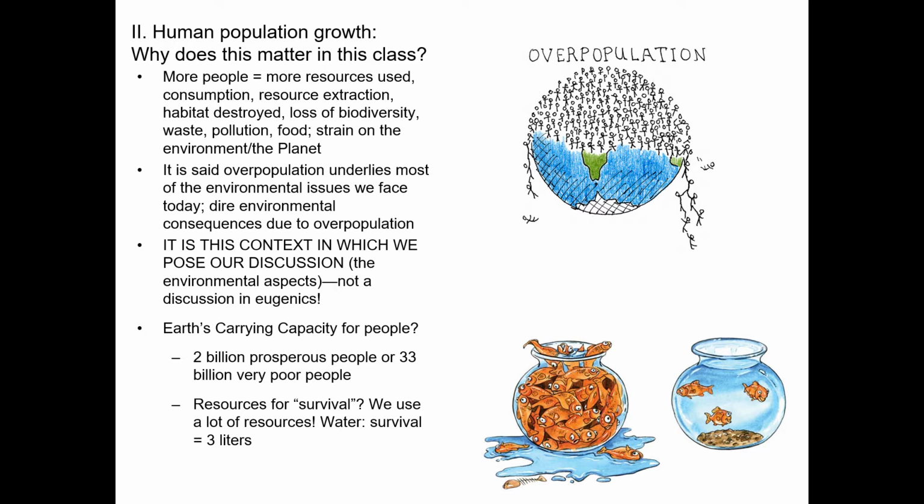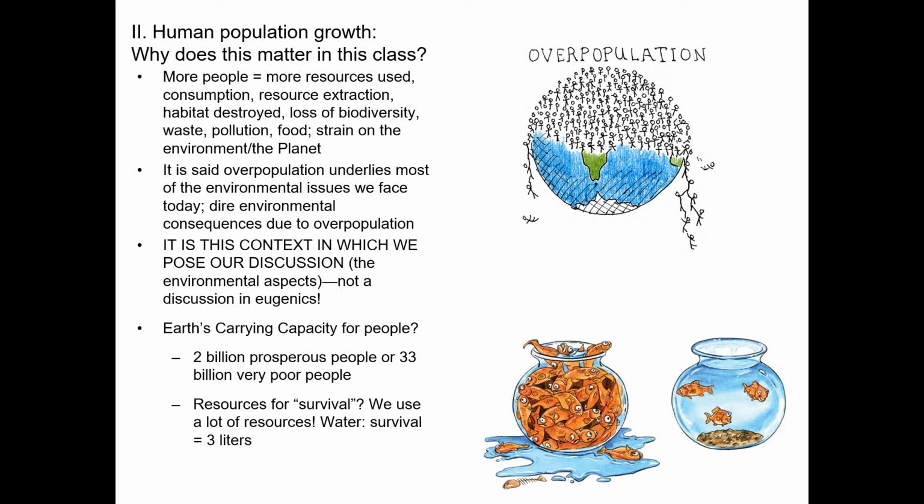So if everybody lived at the same level as Americans, then they say the carrying capacity of our planet is 2 billion people. Now we're already almost 8 billion, right? But if everybody had the same standard of living and used the same number of resources as many impoverished places in the world, then yeah, we could get up to 33 billion people, but we would all have that particular lifestyle in order to do so. So that's why you see such a wide range as far as carrying capacity.